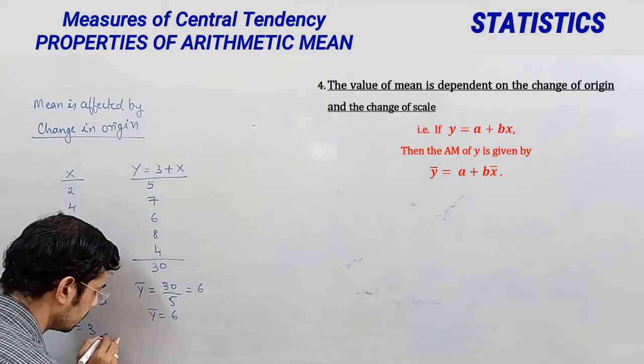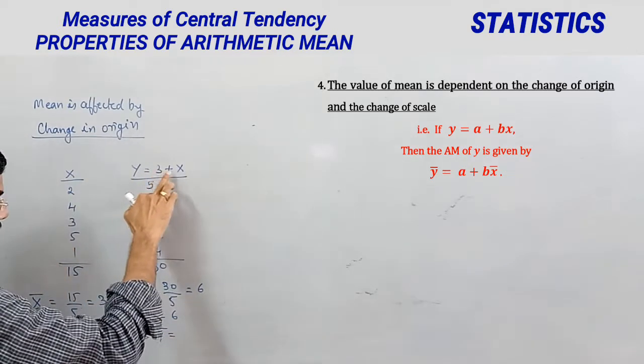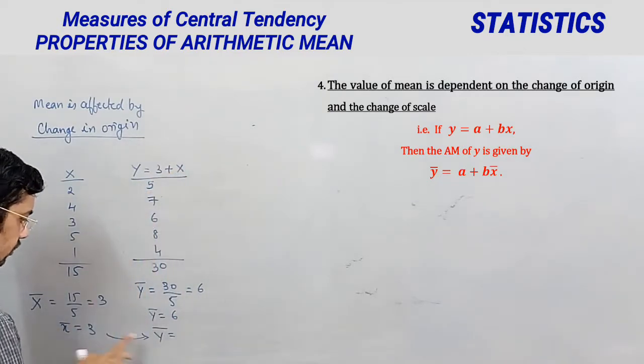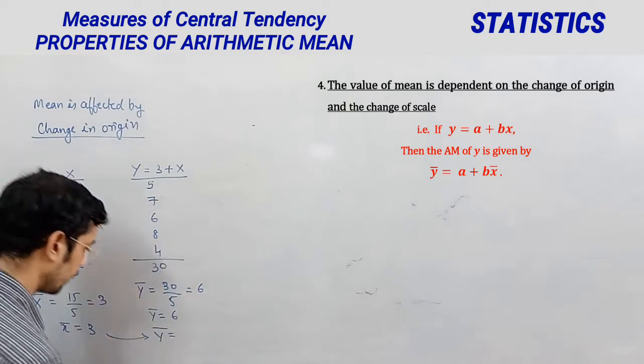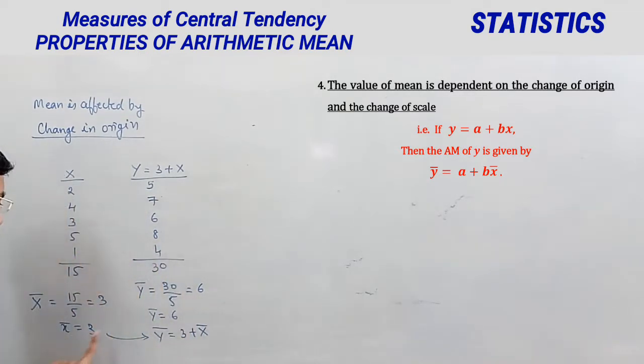Here y bar equal to 3 plus x bar. When you add 3 to x bar, you get the mean of y. It is very clear that y bar equal to 3 plus x bar.